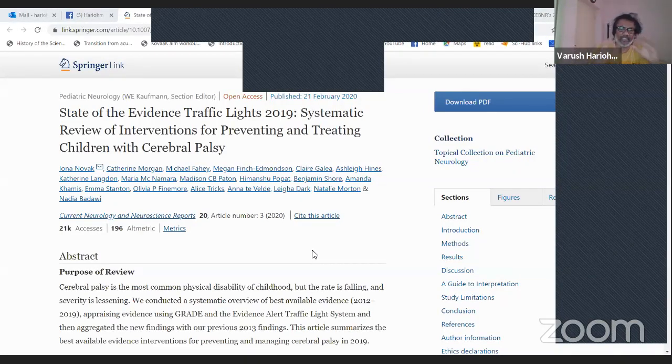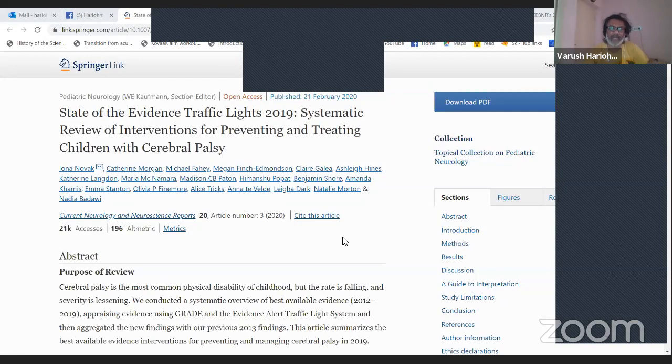Red means the evidence is so poor, probably don't do it. And amber means try it out depending upon your patient and a lot of factors taken into consideration. It cannot be generally tried out on everybody.